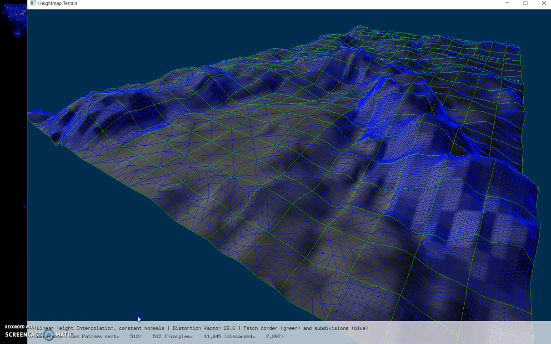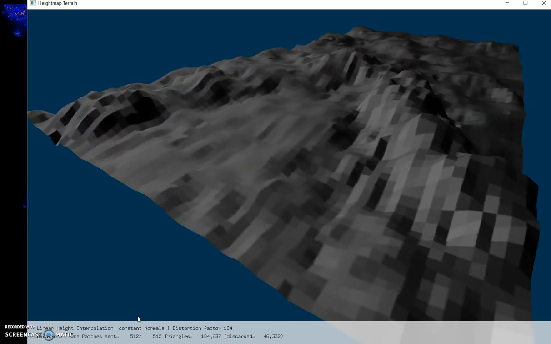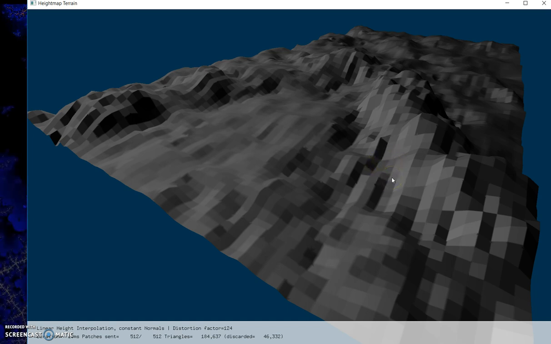Let's see here, for instance, if we change a little bit the distortion factor, it's more obvious. Here you have some constant normal zones, then you have some visual artifacts that are not satisfactory at all, and you have discontinuities in normals, then in lighting, then in representation.